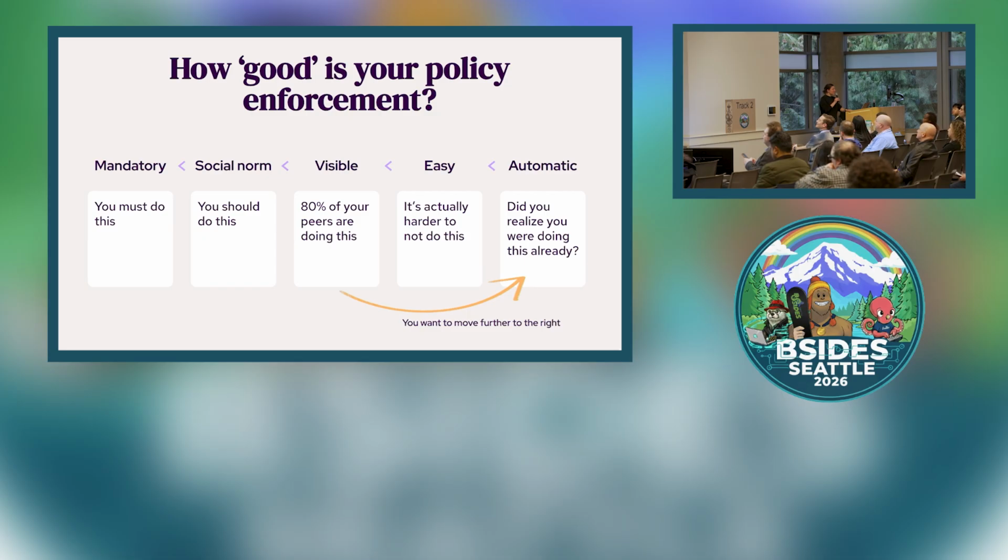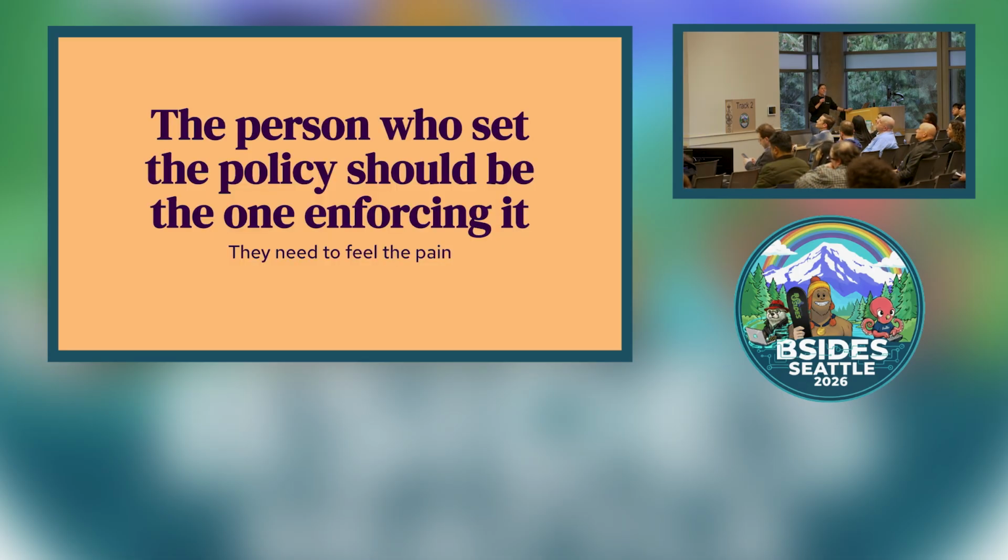And the last thing I'll say about enforcing policy is the person who sets the policy should be the one who enforces it. Too often, security will write a policy that someone else has to implement and own on a day-to-day basis. I see this a lot with corporate security teams in IT, but you also see it with people saying like, oh, the manager's gonna take care of it. I think the managers do a lot, guys, okay?